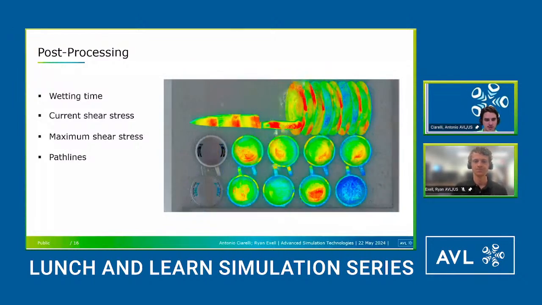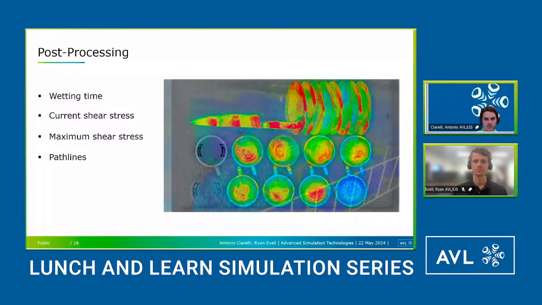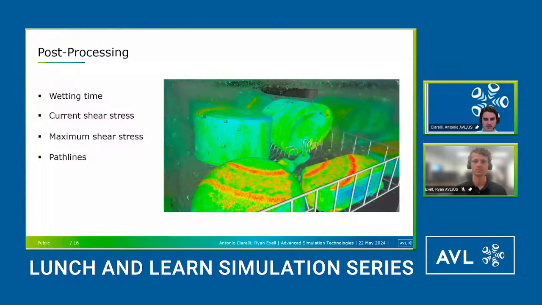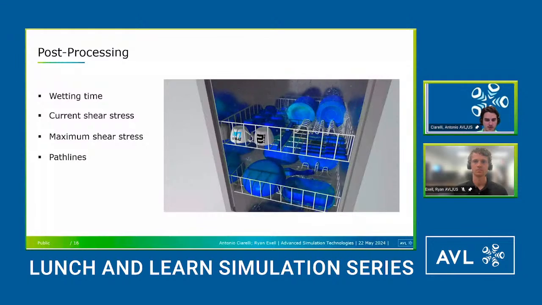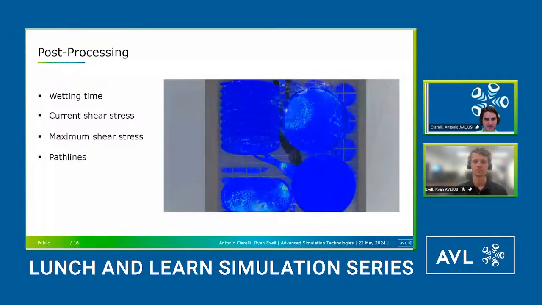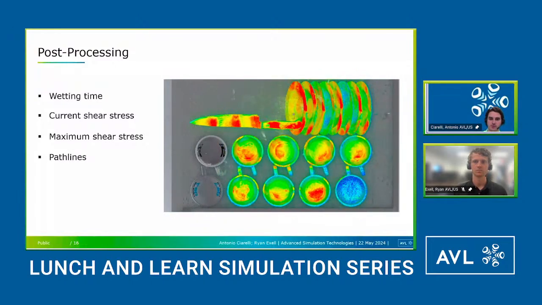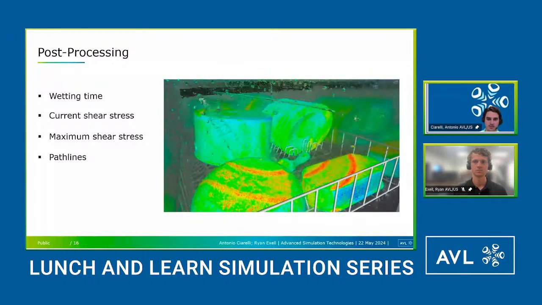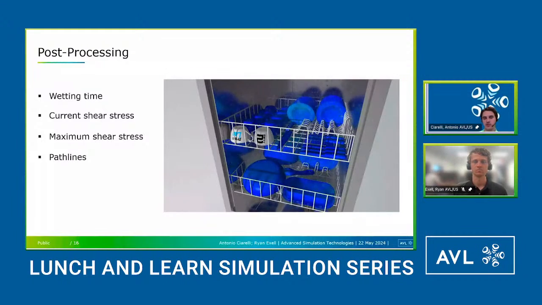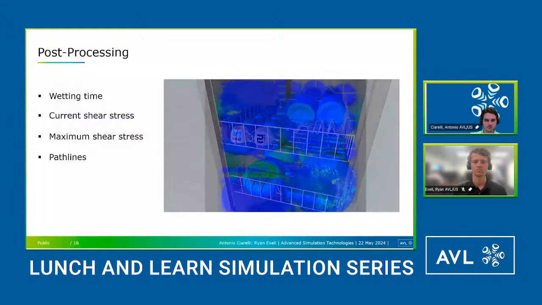Then you can get current and maximum shear stresses and other forces on the solids themselves based on the fluid coming into contact. And my personal favorite is the path lines that you can actually generate to see where the fluid flow is occurring and really get a good idea of where the particles are moving as the simulation is going.